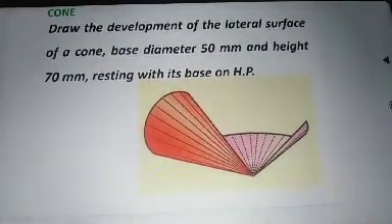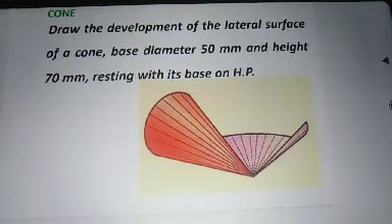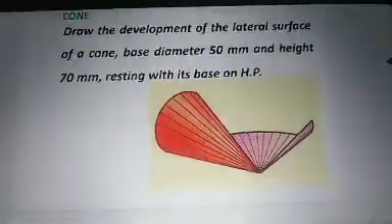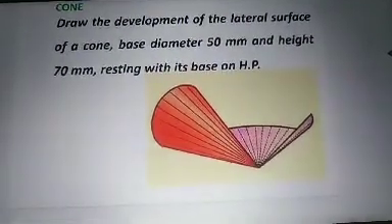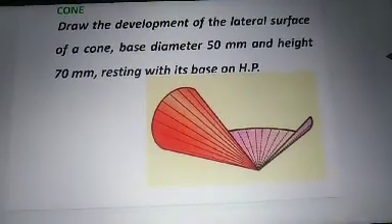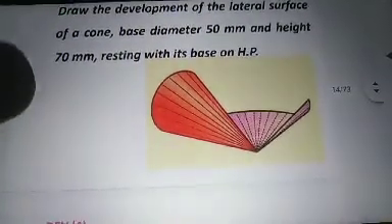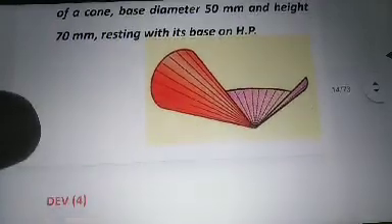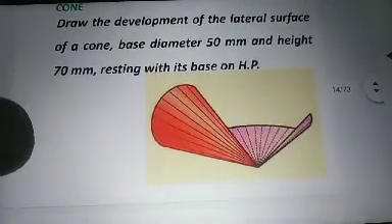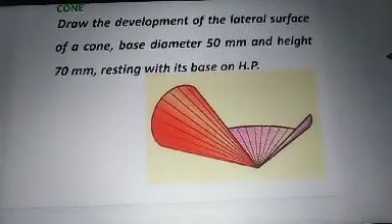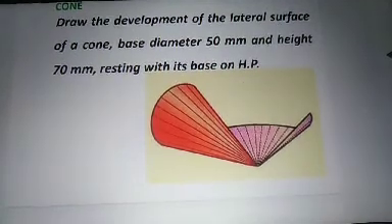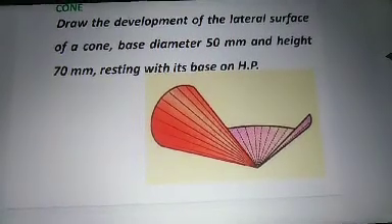Suppose the cone is placed on HP. After placing it on HP, the true shape of that cone is visible as a circle in the top view, and the front view shows the triangle of that right circular cone.